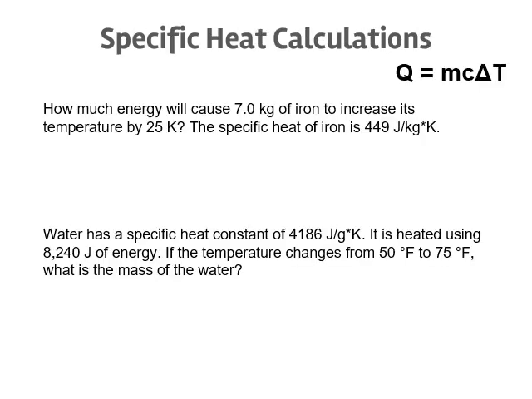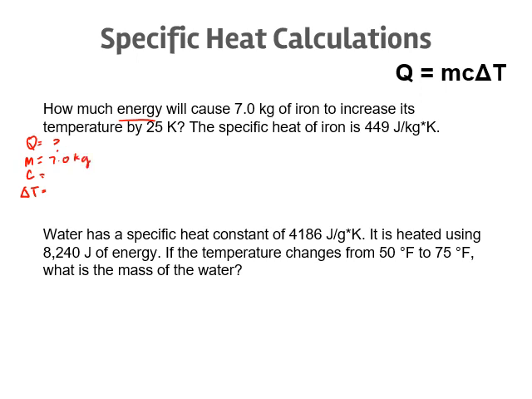Looking at our first specific heat calculation: how much energy will cause 7 kilograms of iron to increase its temperature by 25 Kelvin? The specific heat of iron is 449 joules per kilogram times Kelvin. Solving this problem out, Q, m, c, delta T. It's asking for energy, so energy is abbreviated by Q. The mass, it gives us 7 kilograms.